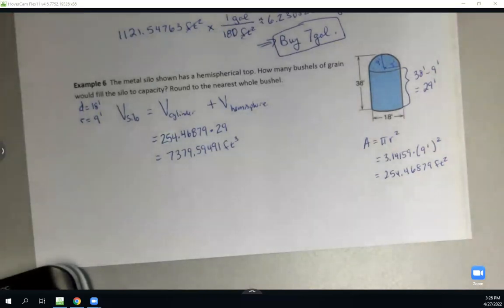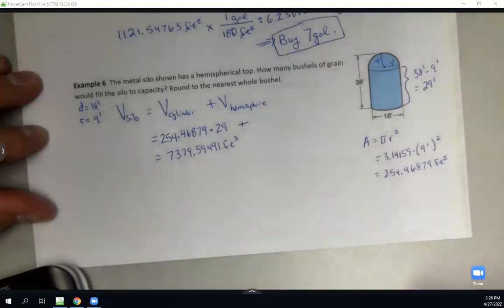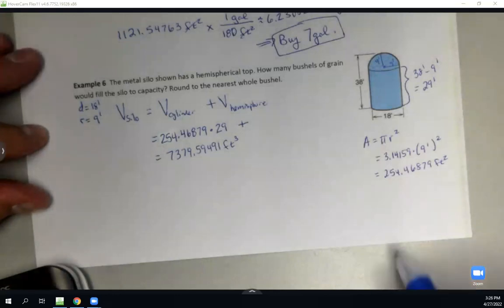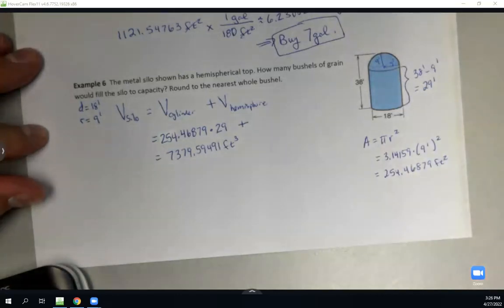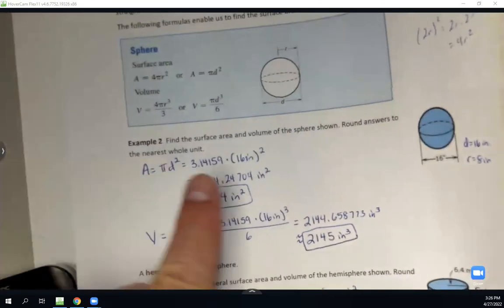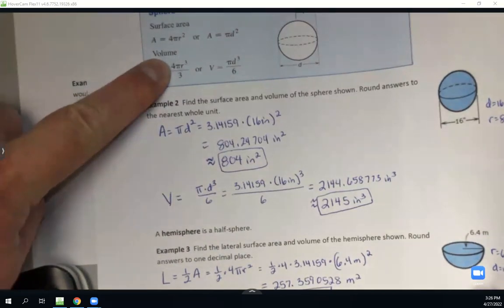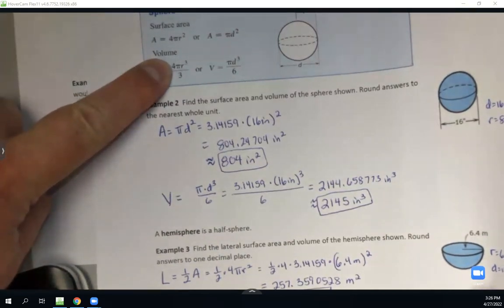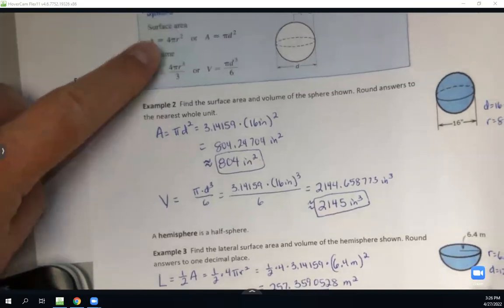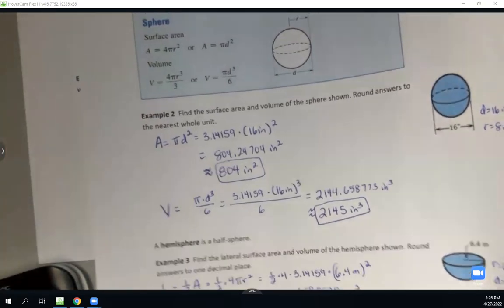We okay? Now the volume of the hemisphere part. Well, I know the radius is 9. And if you remember your formula here, the volume is 4 pi times the radius cubed divided by 3. My radius is 9. And we're going to do half of that because it's a hemisphere instead of the whole sphere.